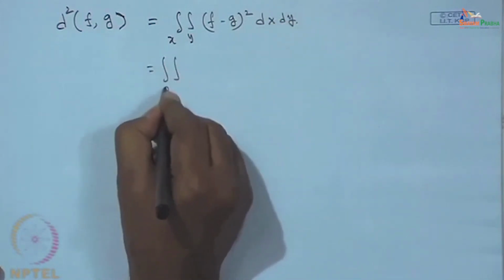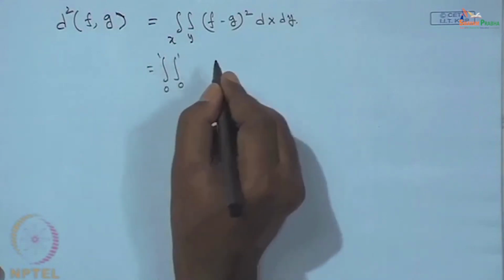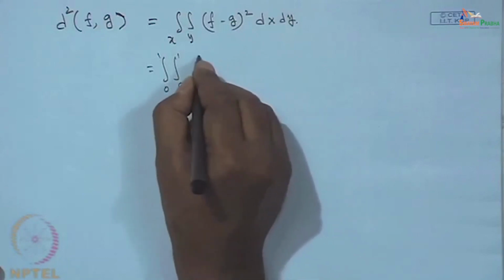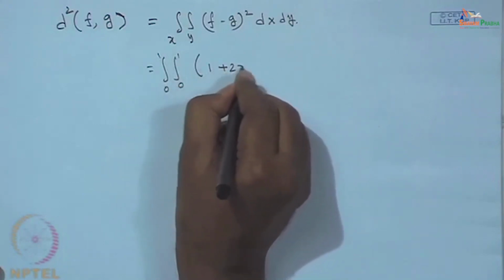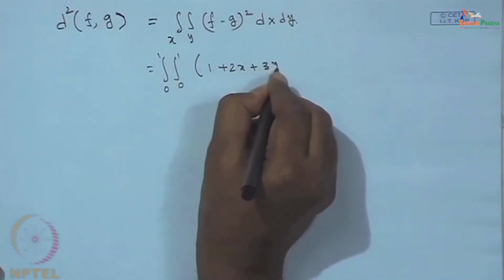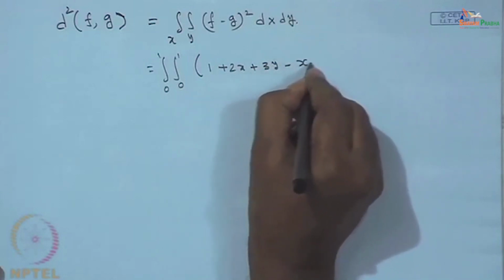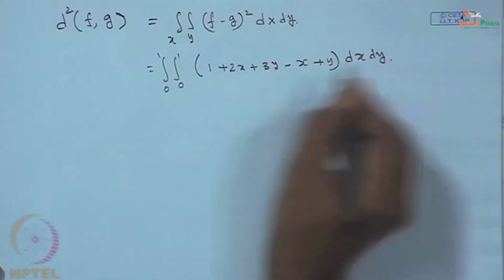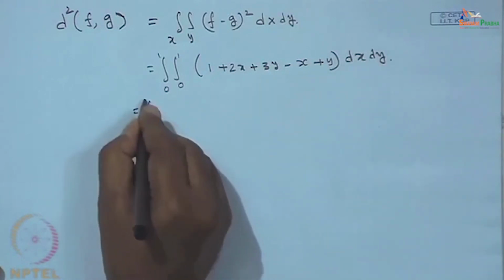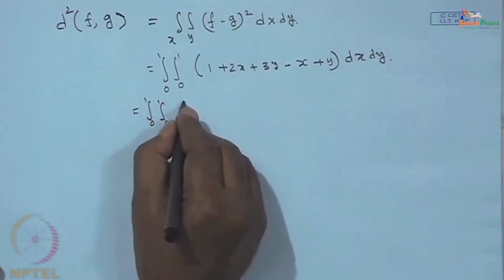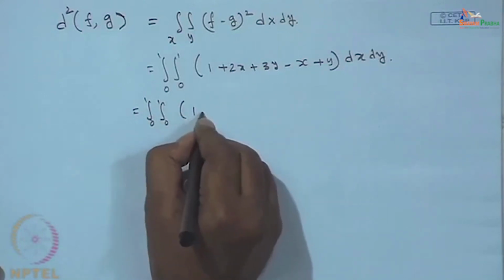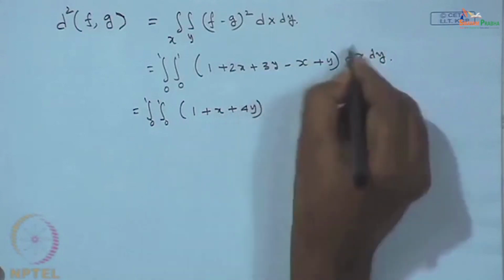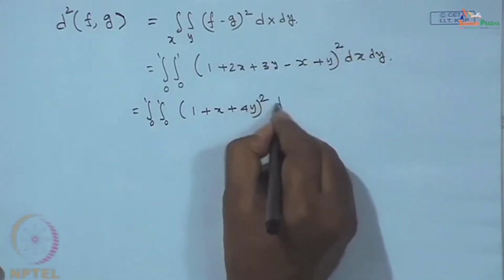So, it will be from 0 to 1. f is 1 plus 2x plus 3y, minus g, which is x minus y plus y, dx dy. So, it will be 0 to 1. I simplify this: 1 plus x plus 4y, square of that.